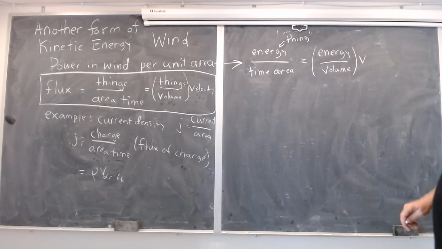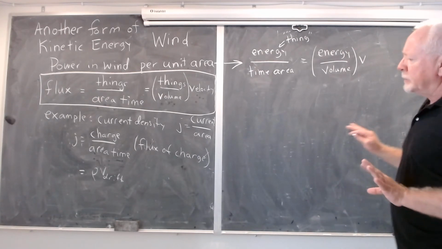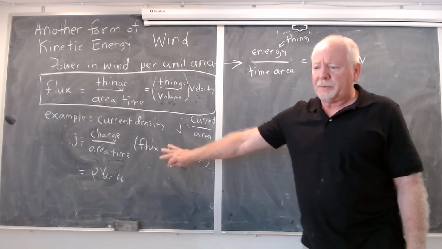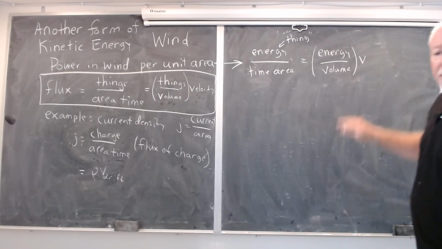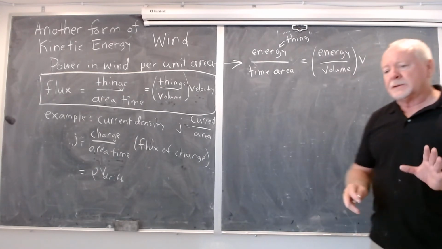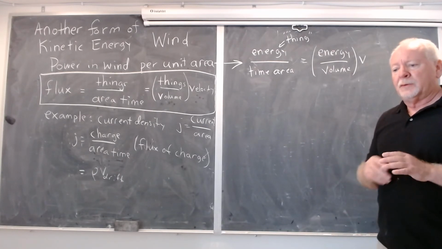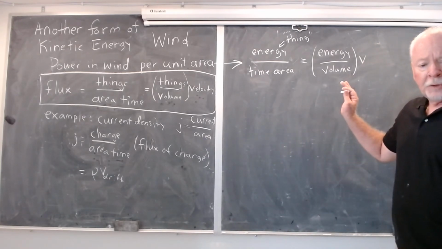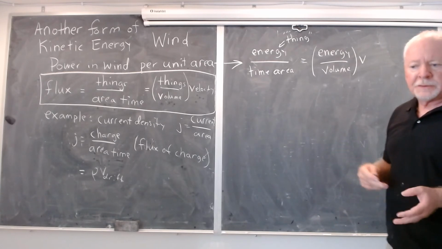Now, here I'm going to do a little bit of an aside that's relevant to both your electrical engineering courses, how you think about J, and also how you think about wind. Because in both cases, the particles involved, whether it's the electrons here or the air molecules here, have two different velocities.